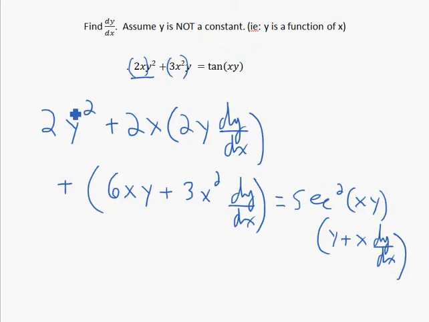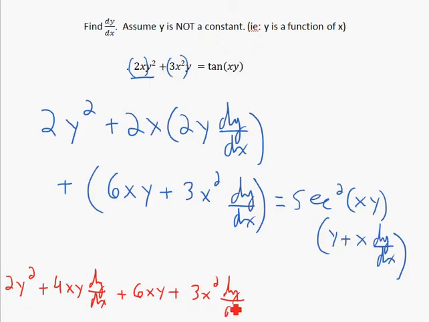So there we are. Just trying to write this all out together a little bit nicer, maybe a little bit smaller. We've got 2y squared plus 4xy dy/dx plus 6xy plus 3x squared dy/dx, and that equals, now really we've got secant squared xy times this sum in these parentheses, so we're going to distribute secant squared to y and to x dy/dx.